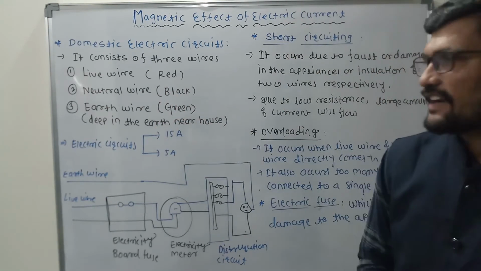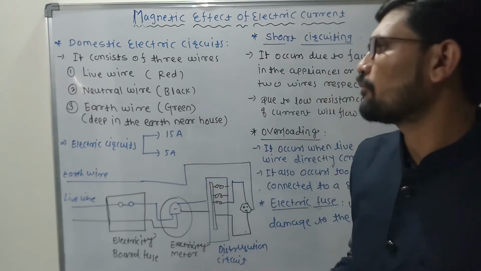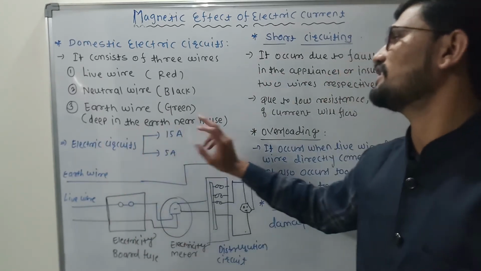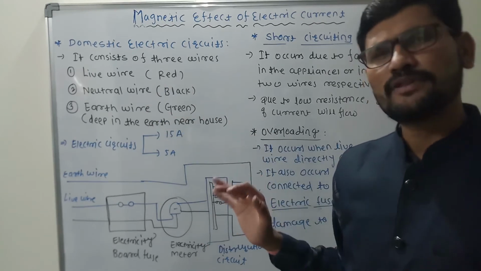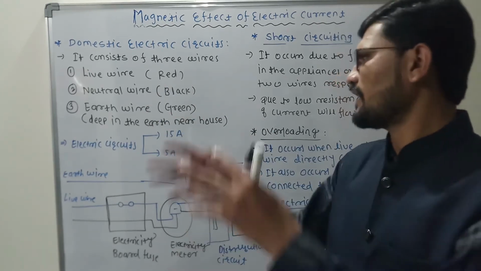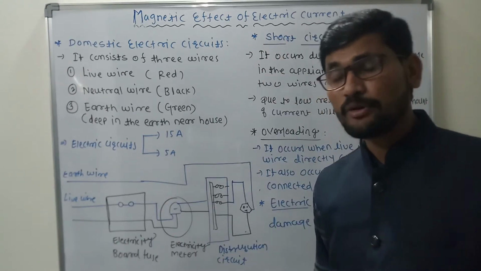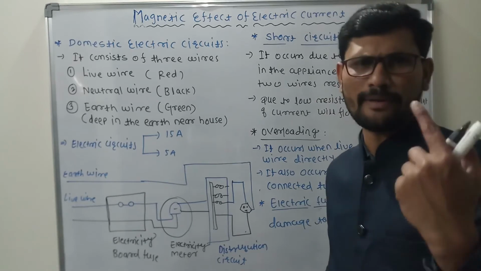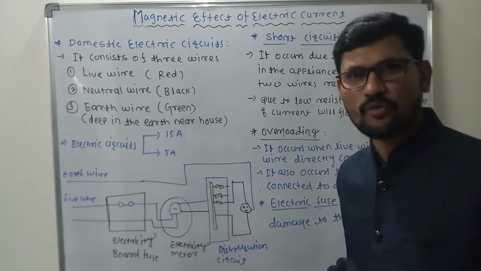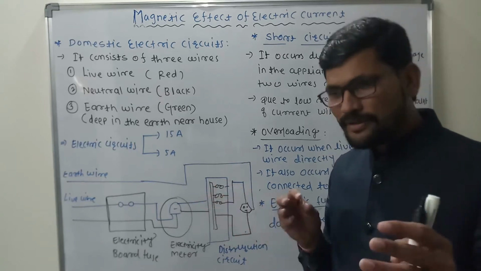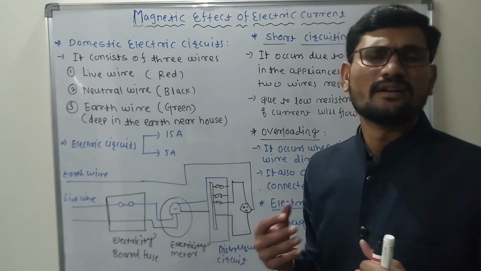But the concept is that this earth wire is connected to a metallic body, and that metallic body is placed deep in the earth nearby the house. Why? Because in our houses we are using many metallic appliances, like the electric iron and electric heater.